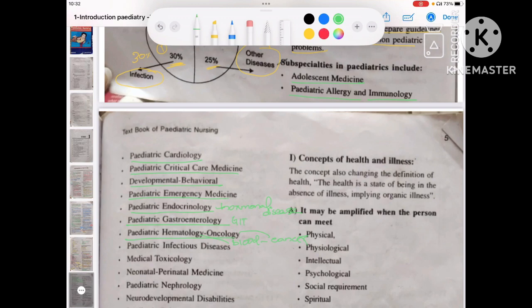Then pediatric infectious disease. What are the pediatric infectious diseases? All the diseases like pneumonia or TB, whatever it is, we can call it infectious disease.